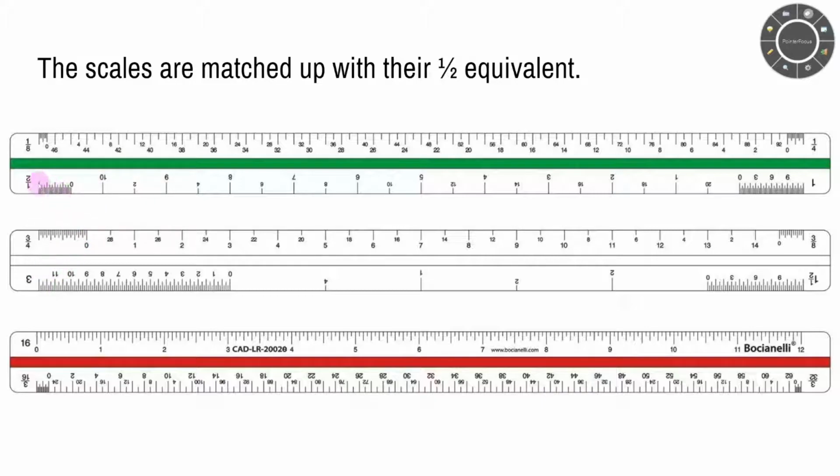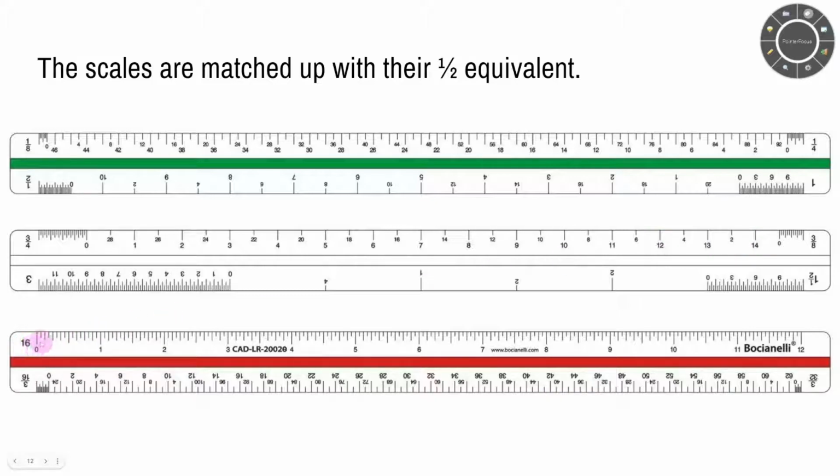And the same thing with my 1/2 inch scale: if this is 0 feet, this would be 1, 2, 3, 4, 5, 6, 7. It just happens to end on the 7, so don't just take that as always going to be that way. And the same thing with these other ones. So that's why they're always paired with their half equivalent.